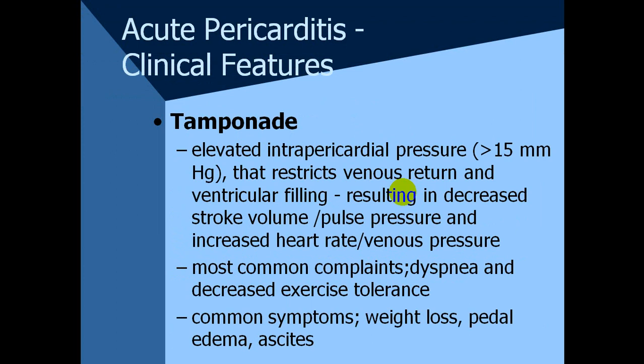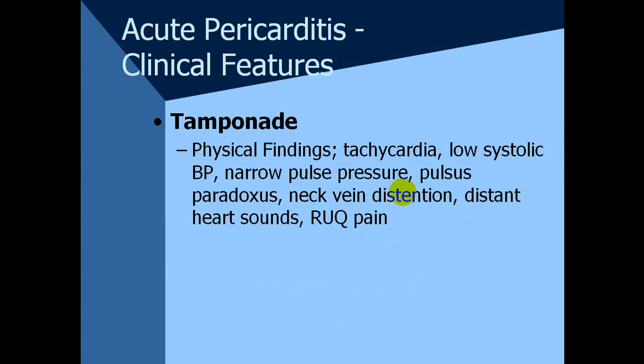Pulse pressure is reduced, and heart rate and venous pressure are increased. The most common complaints are dyspnea and decreased exercise tolerance. Common symptoms in the subacute or chronic form are weight loss, pedal edema, and ascites.